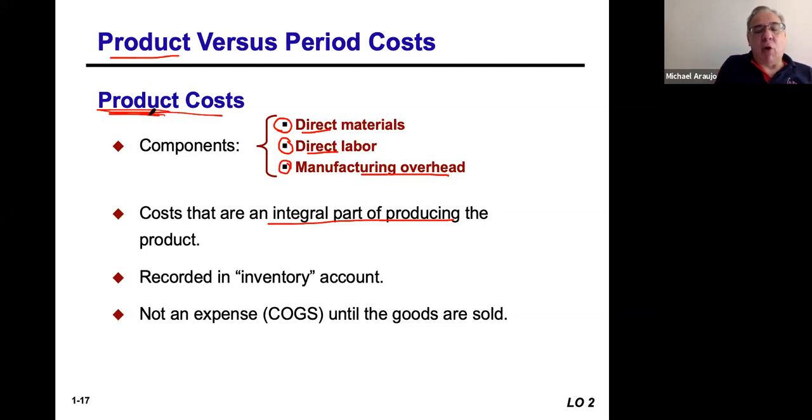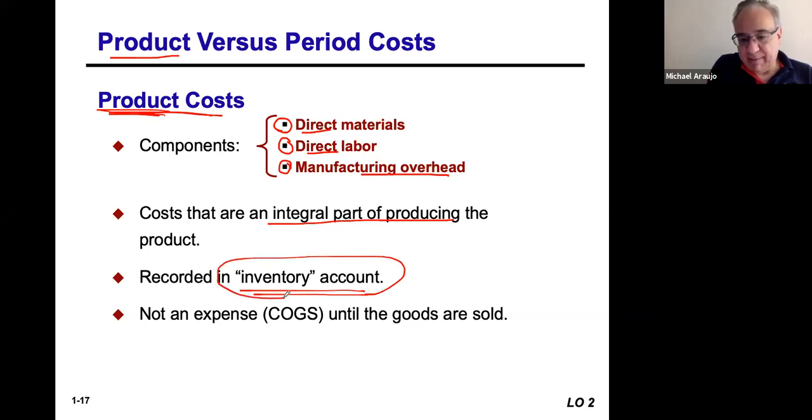But actually, all of these product costs are inventory for manufacturers. Okay, so all of this gets put into the inventory account. Direct materials, direct labor, manufacturing overhead, basically are asset related components of the account. Okay, because all of this is inventory to a manufacturer.